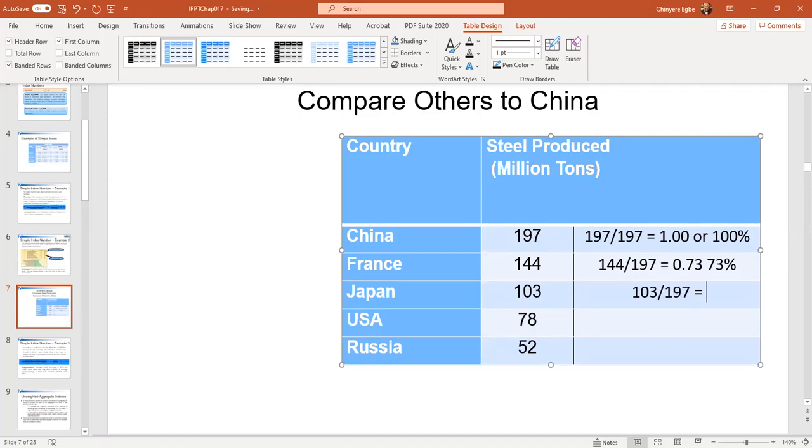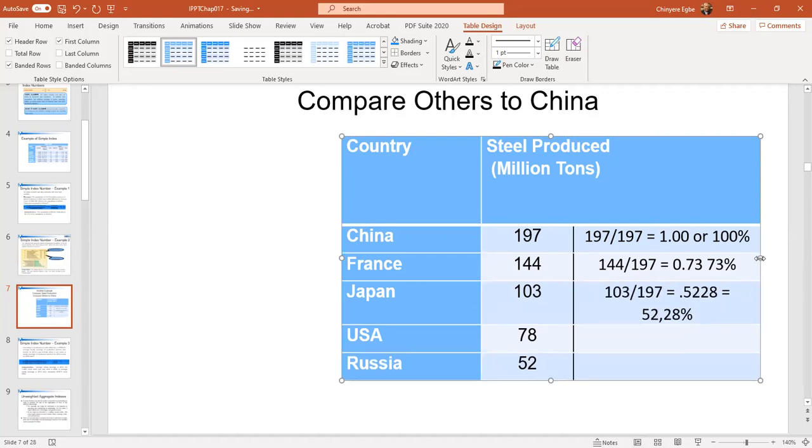What do you say? It's 0.5228. Okay, 0.5228, which is 52.28%.